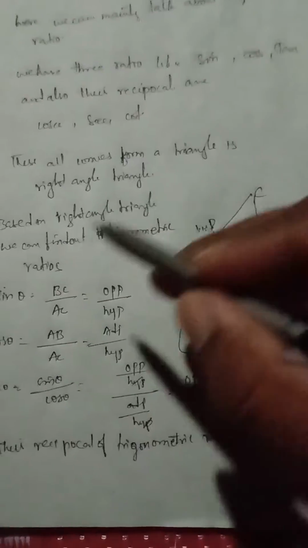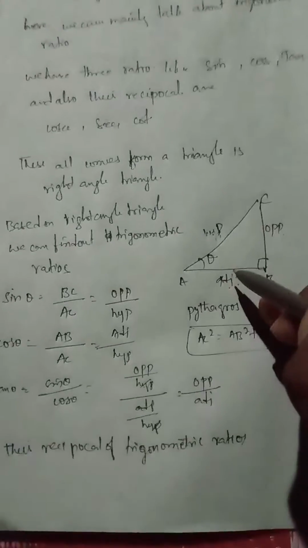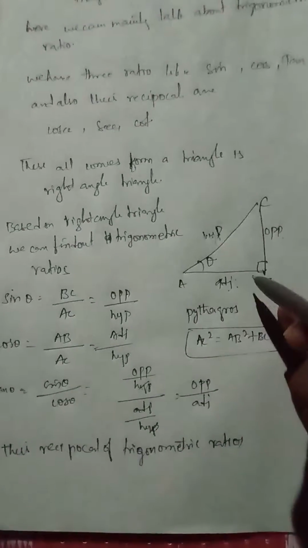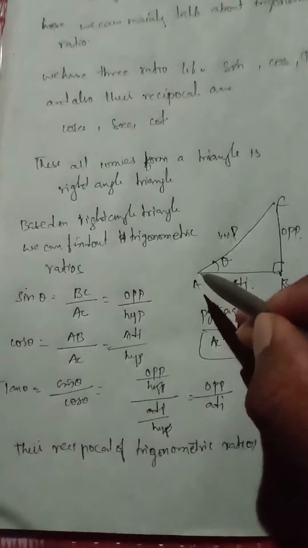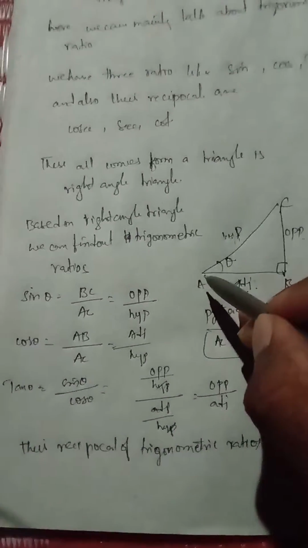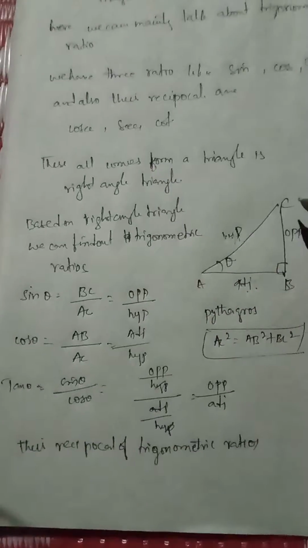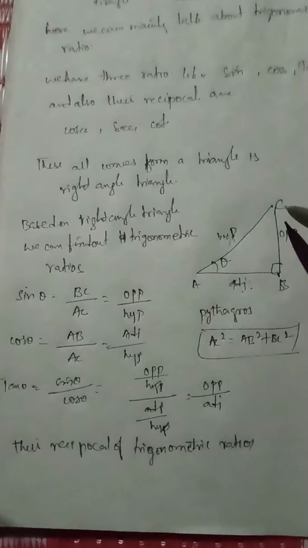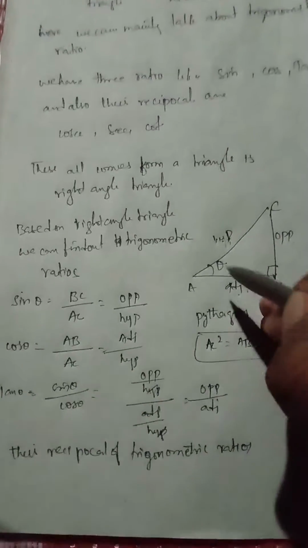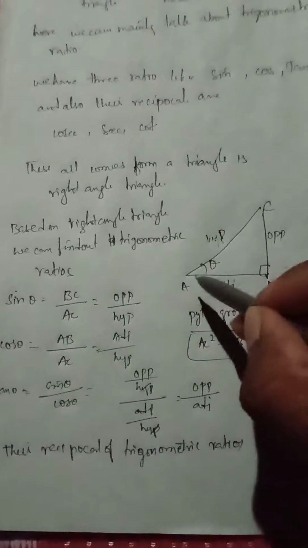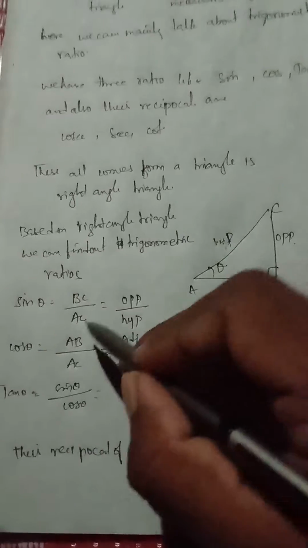But when you go for cos theta, we take the base. Suppose, for example, imagine that from point A one person is observing the top of the tower, which is C. They will make the angle theta. The base we are taking here belongs to cos theta.